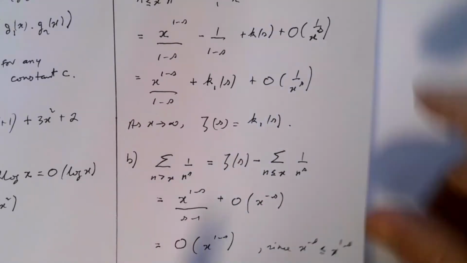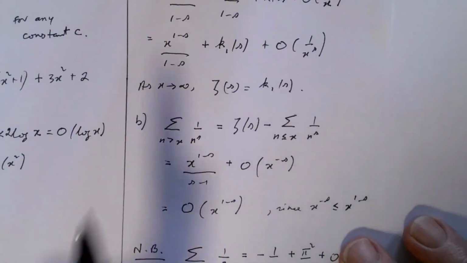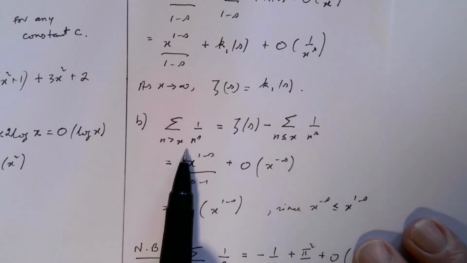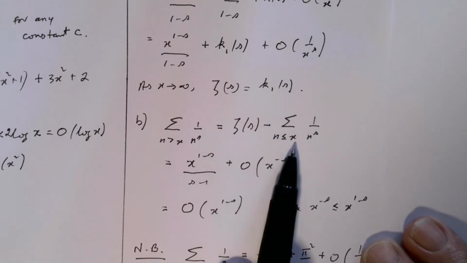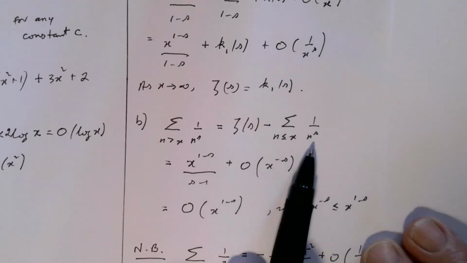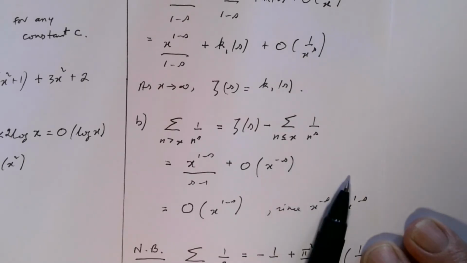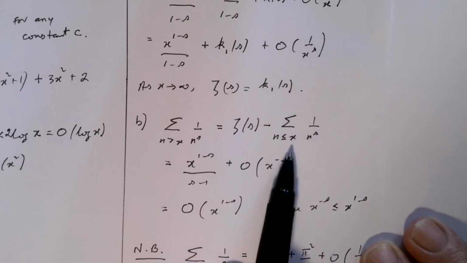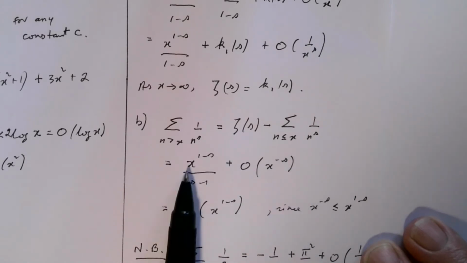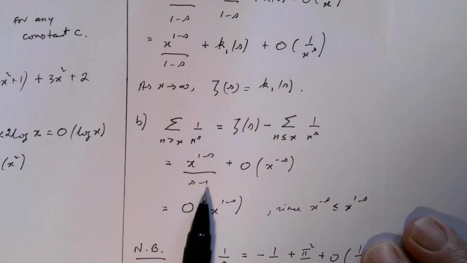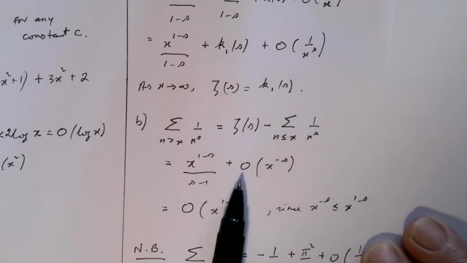For part B, well, we're looking at the tail now, and so that's going to be the tail of zeta of s. So this is zeta of s minus the terms for n less or equal to x, 1 on n to the s. And we've worked out what this sum was, so looking at what we had above, zeta minus this simply gives me x to the 1 minus s on s minus 1 plus big O 1 over x to the s.